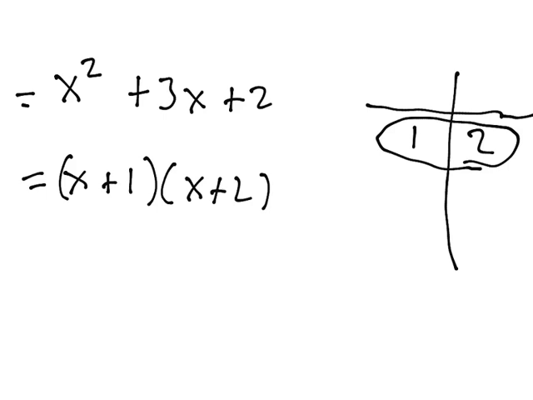Perfect. Let's do one more. That was a trivial example, quite easy. Let's do one that's a little bit more complex. Let's do x squared plus 7x plus 12. So what are the factors of 12? There's a lot of them.